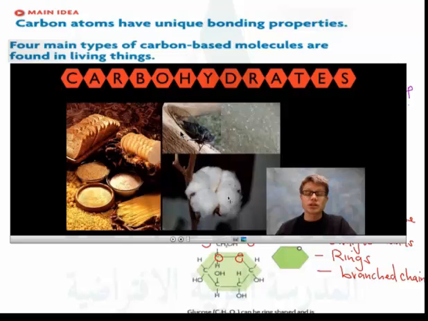What we have here as cotton or the tree branches are made of something different, and these are cellulose. So they are a different structure in comparison to the starches. And then we have the sugar, which is, of course, also a carbohydrate. We will look at how they vary as we progress.